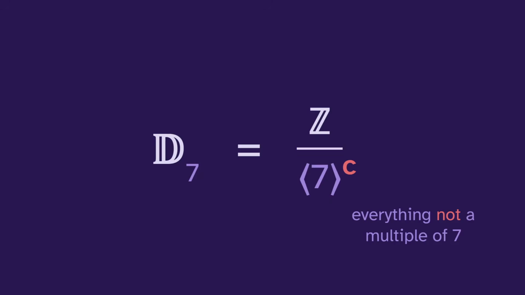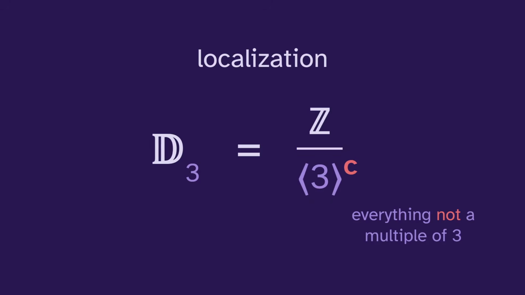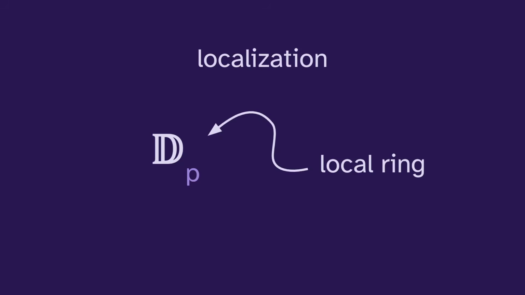We created D7 by taking the integers and dividing by the complement of the 7 ideal, everything that's outside of the 7 ideal. This process is called localization. We could also do this with the 2 ideal to make 2 the only prime, or with the 3 ideal, or any other prime ideal. Localization gives us a local ring, a structure with only one maximal prime ideal.